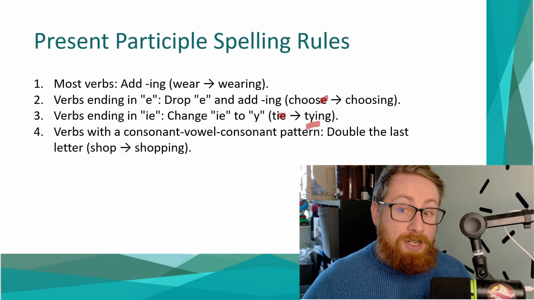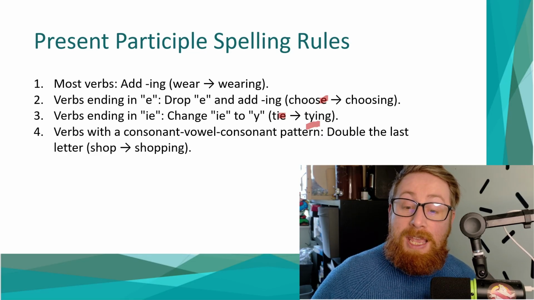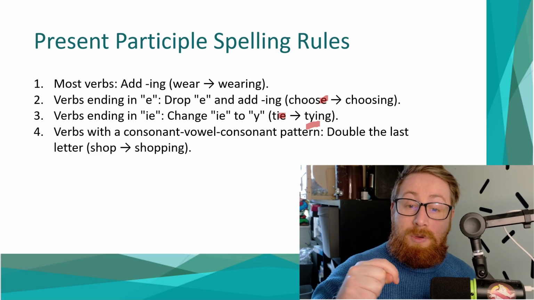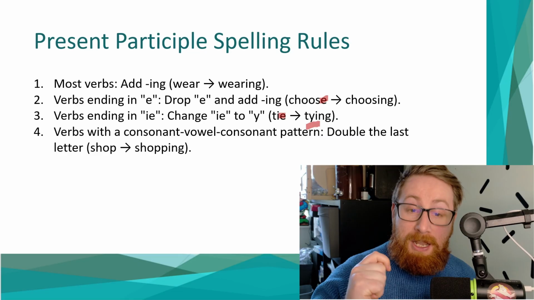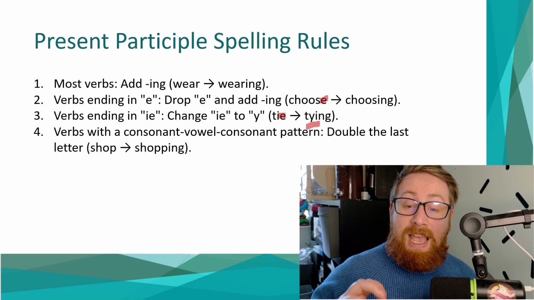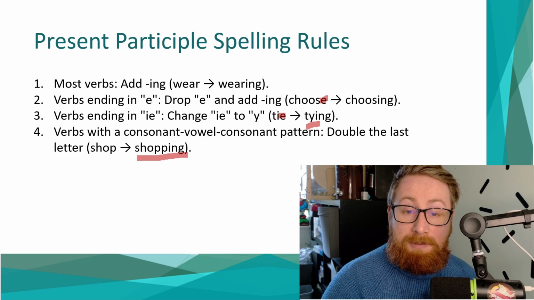So to run, to swim, to sit, to shop, add the extra consonant, so another P, then ing. So the pattern is one syllable plus a vowel plus a consonant at the end. So it's incorrect to write SHOPING. We're looking for SHOPPING, shopping.